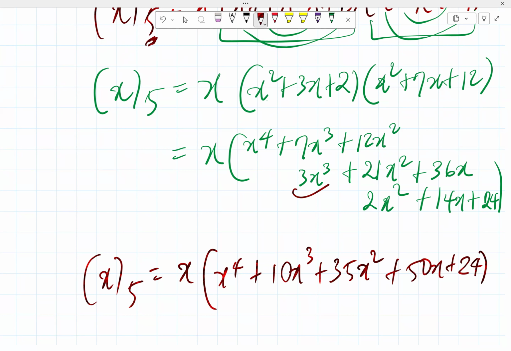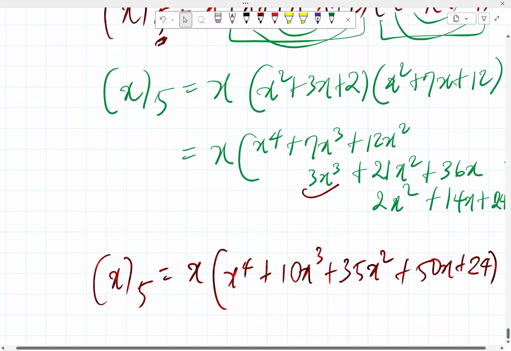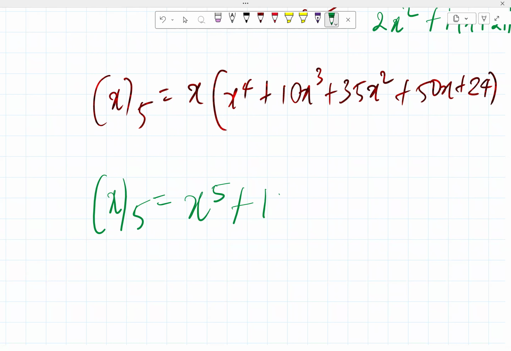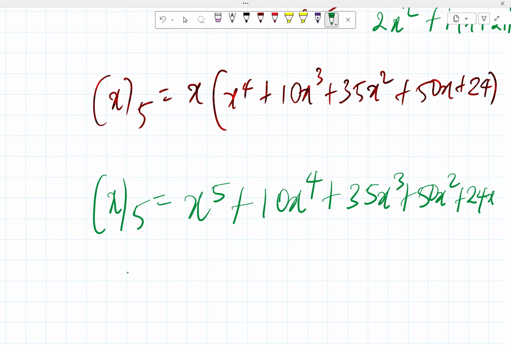So we have x raised to power 4, 10x cubed, 35x squared plus 50x plus 24. The last step is just to multiply through by x. So x sub 5 finally is x raised to power 5 plus 10x raised to power 4 plus 35x cubed plus 50x squared plus 24x. So that's how that goes.